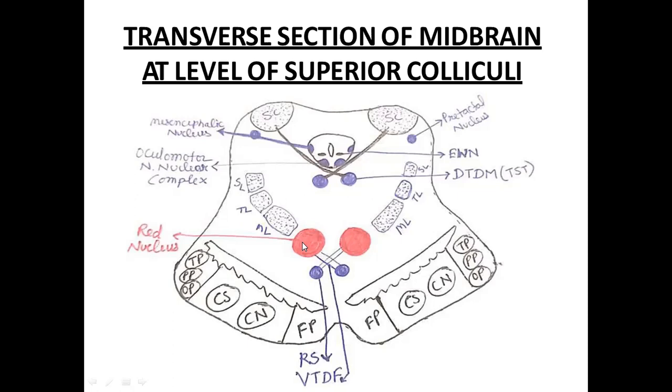And in the white matter, we discussed the dorsal tegmental decussation of Meynert, that is the tectospinal tract. Then we have discussed the rubrospinal tracts. So these are the features of both the gray and white matter of the midbrain at the level of the superior colliculus.